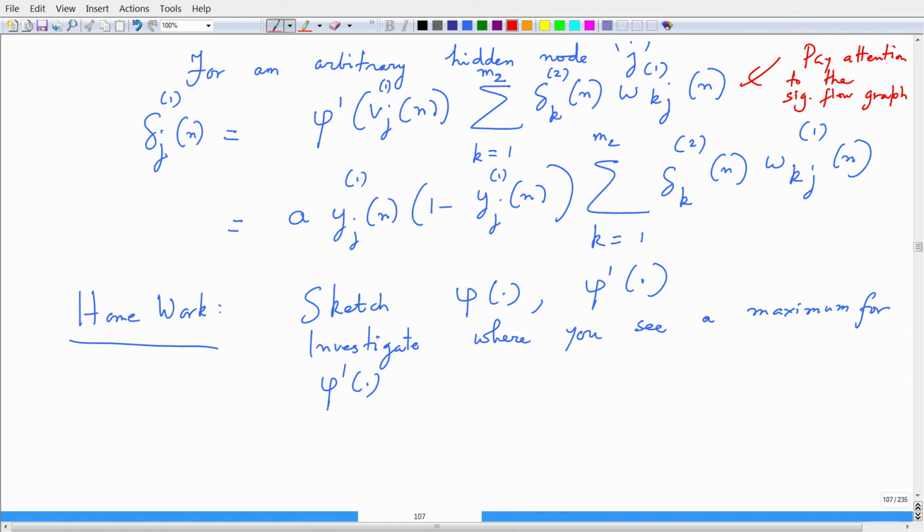So, for the logistic function, the derivative of the activation function is given by a times yj(n) times 1 minus yj(n) at layer l. So, you just plug this in straightforwardly and then you can compute the local gradient in the hidden layer, right.